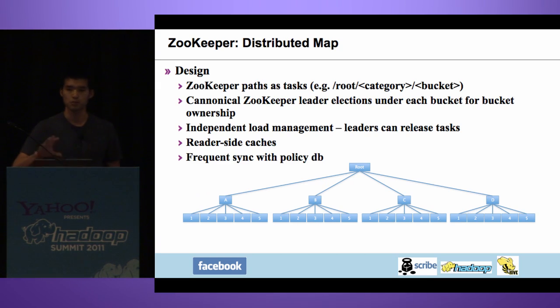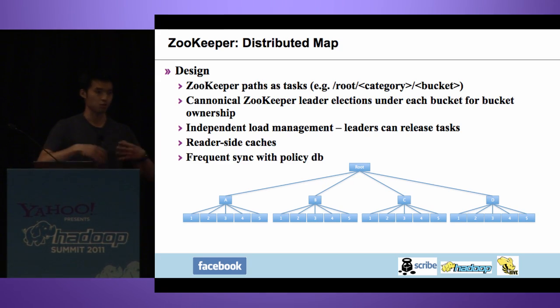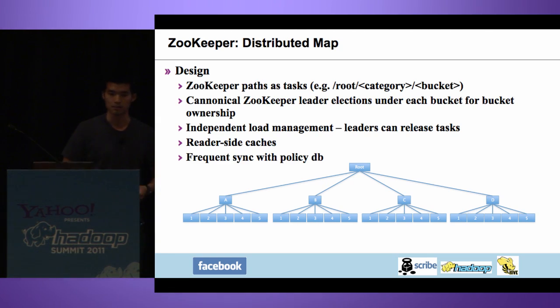We have a registration database somewhere where users can register their categories, and then we have a synchronization process that pushes this information from this database into ZooKeeper. As categories get registered, we can create new categories, and as their throughputs change, we can change the number of buckets allocated under each one. In this way, we can dynamically control the number of elections and the number of units of work that we're allocating out in our system.